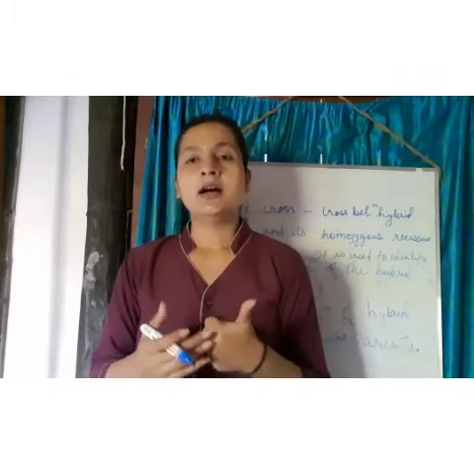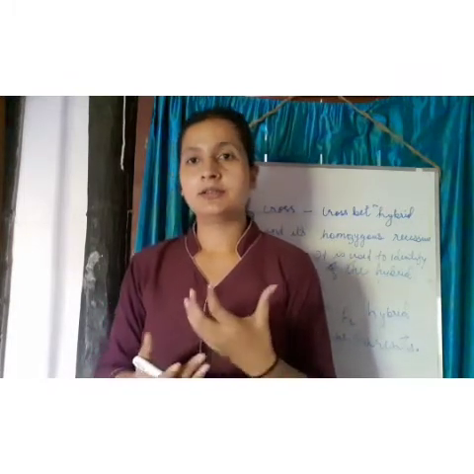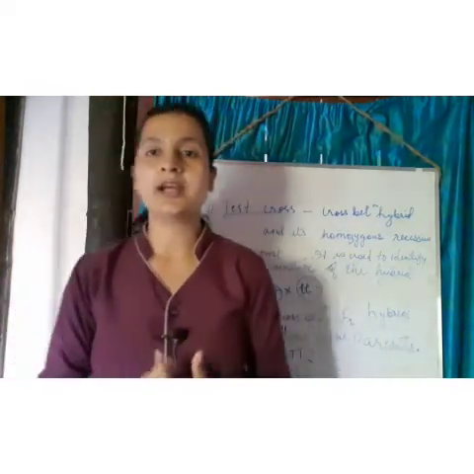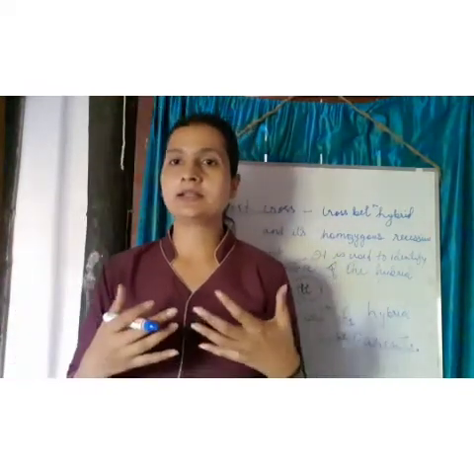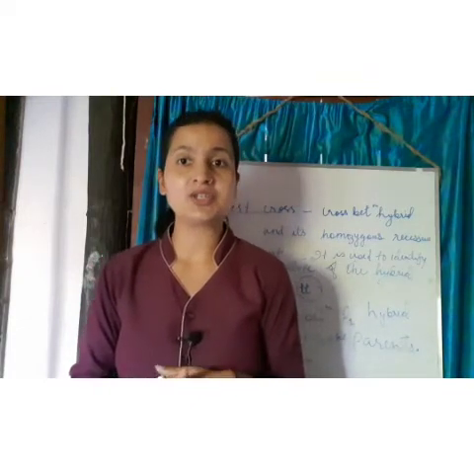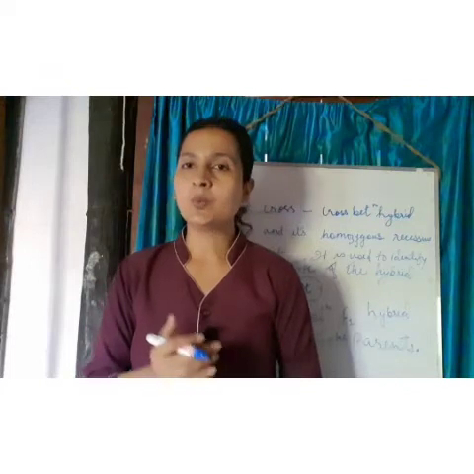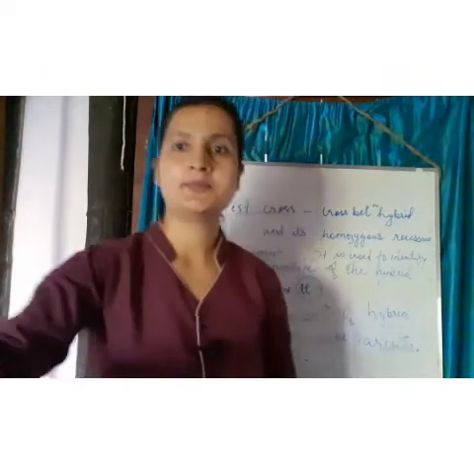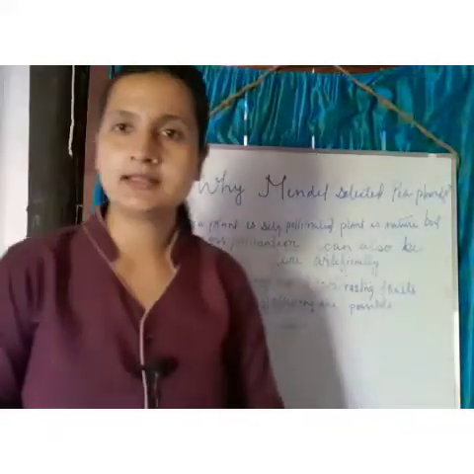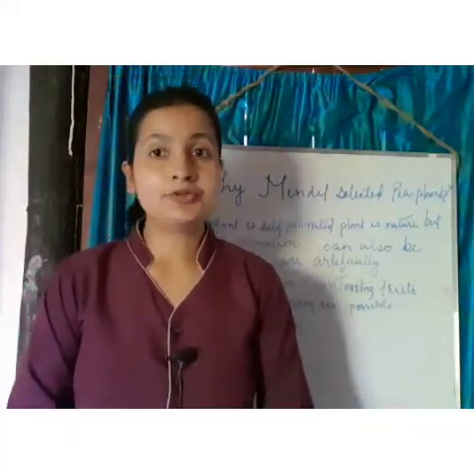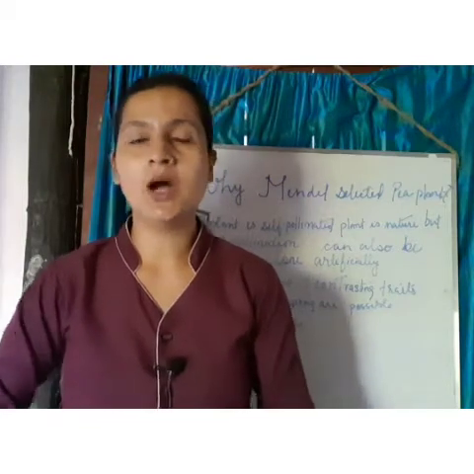Now we will start the topic inheritance of one gene. Okay, now for that Mendel had experimented, right? So there were a few experiments which he has carried out, so we will discuss that in the next class. As I said, we will start the new topic, that is inheritance of one gene, right?